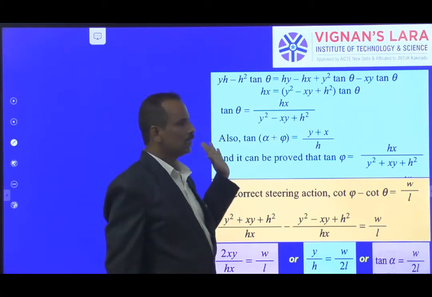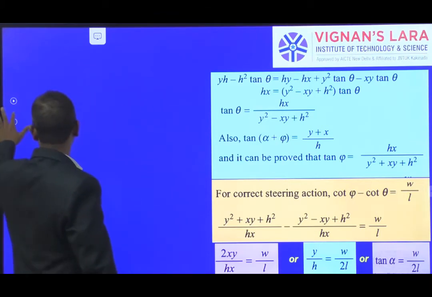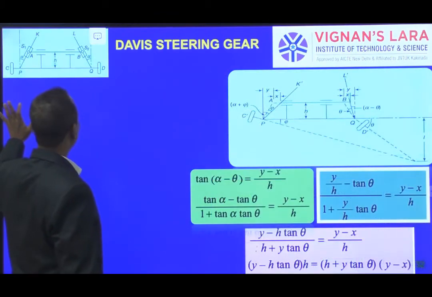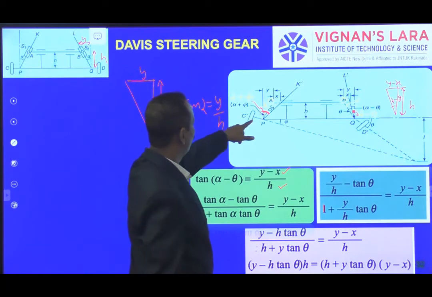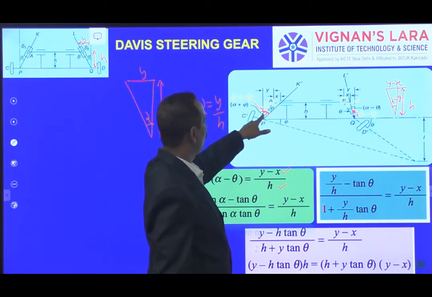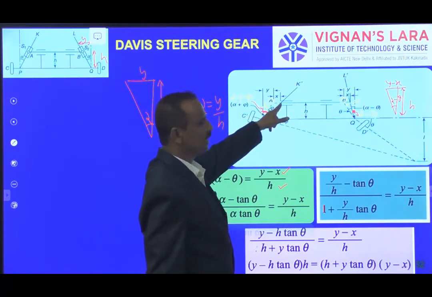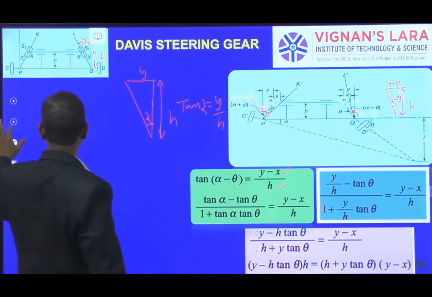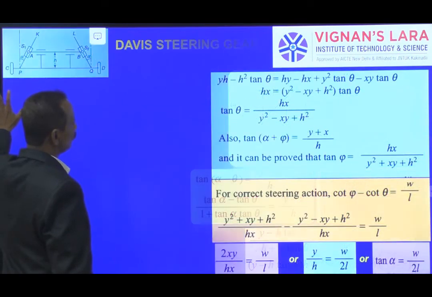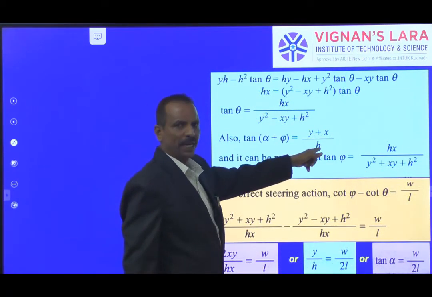Okay, so similarly, how I have written tan of alpha minus theta, I can write tan of alpha plus phi. So from the geometry of the previous sketch, you can write tan alpha plus phi. So what is tan alpha plus phi? You can see this tan alpha plus phi is nothing but, in this triangle, this is y and that is x, so y plus x by h.